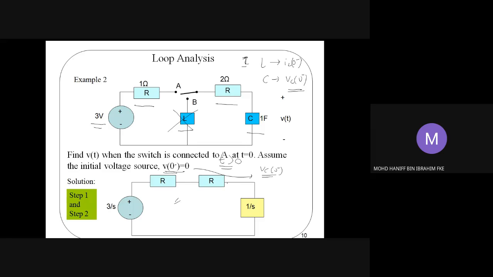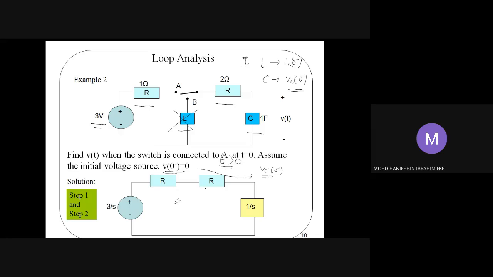So this is the transformation of your circuit from the time domain into the S domain. Remember that there should be no voltage source in series with the capacitor's impedance, because the initial voltage source value is given to be 0.